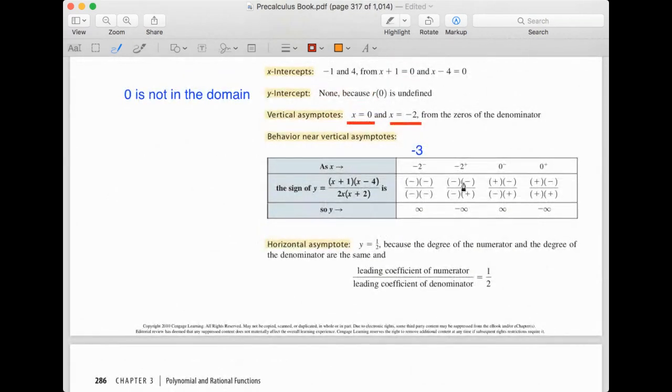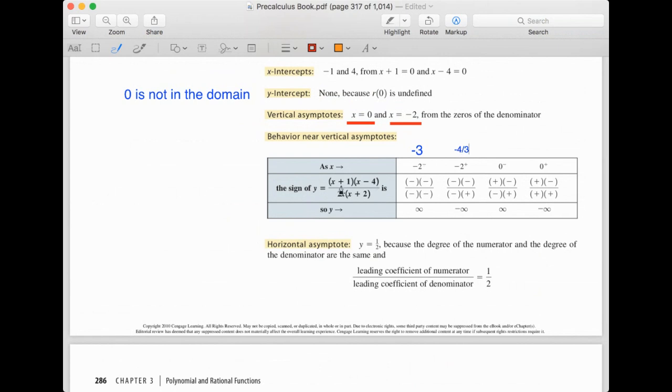Then we want to find a value very close to -2, but a little bit bigger than it. So maybe we use -1. Let's see if -1 works. At -1, we will get 0. That doesn't say much. Let's use -4/3 instead.